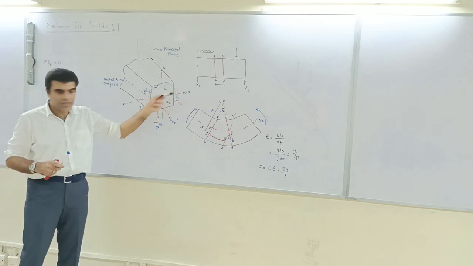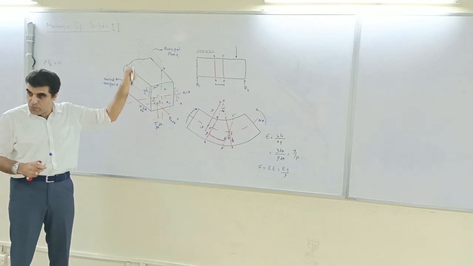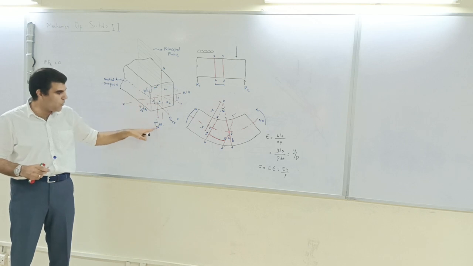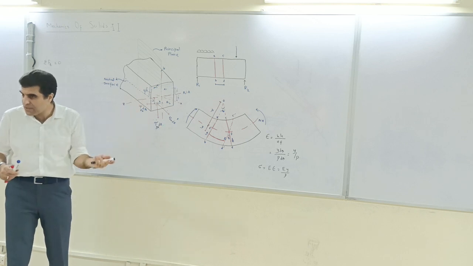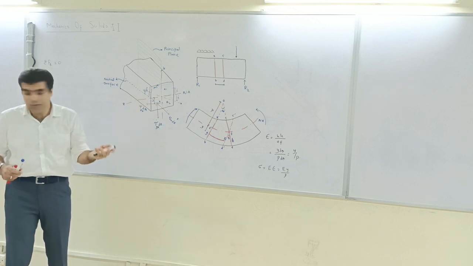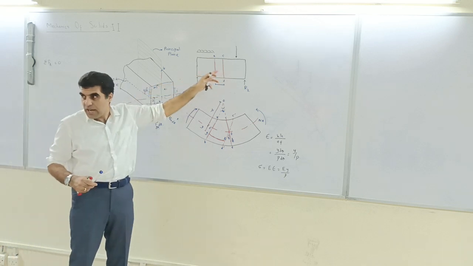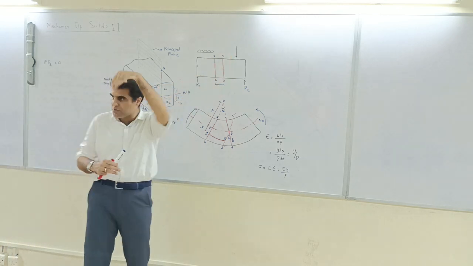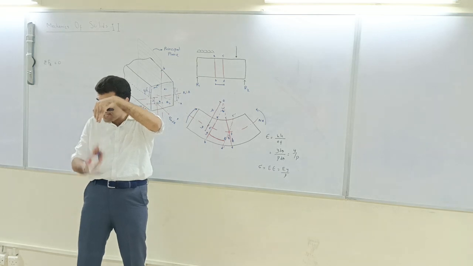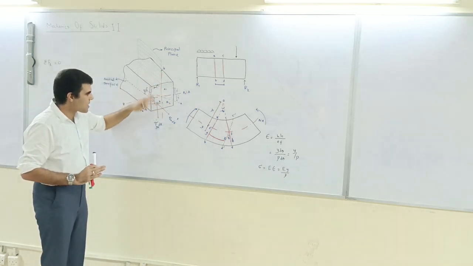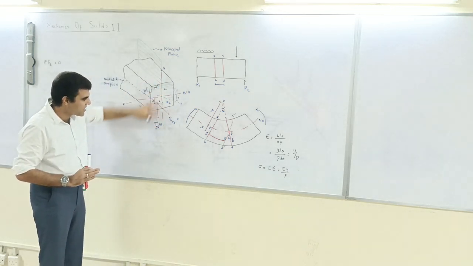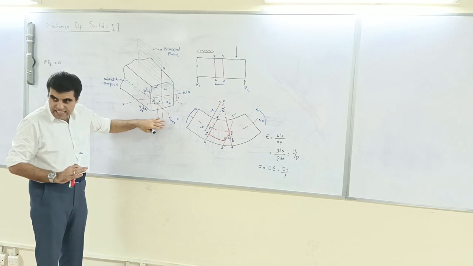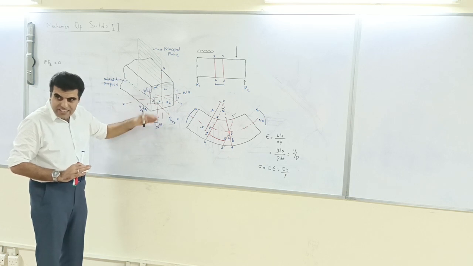Why? Because previously we had V equal to tau yx dA. What was that V showing? That V was for the applied shear load. At every cross section you have some shear load. That shear load is equal to this tau yx dA. It is that cross section which will take the shear load.